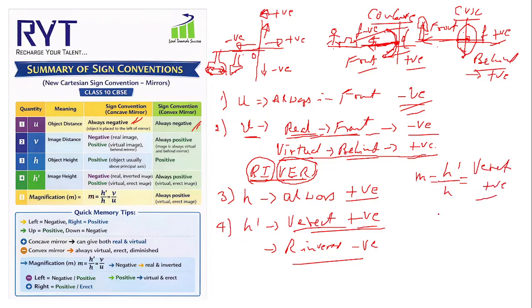Simple. And for real and inverted, it is always negative. Here you observe wherever we are getting virtual and erect, we are getting positive, correct? Only for real and inverted, we are getting negative. Same goes with magnification. For real and inverted, negative, and for virtual and erect, positive. That's it, simple.